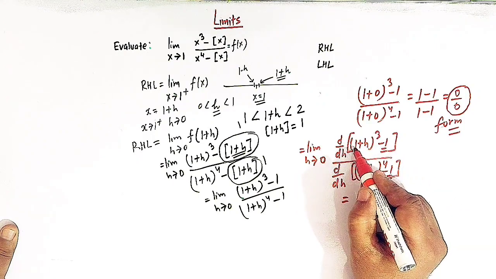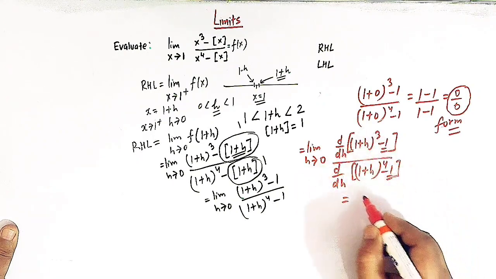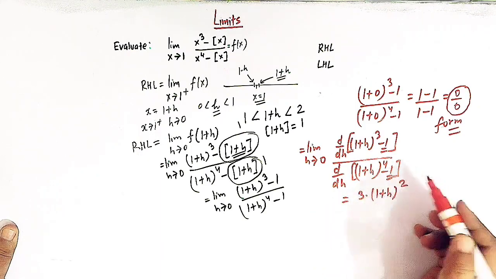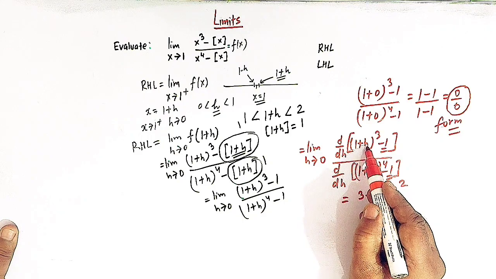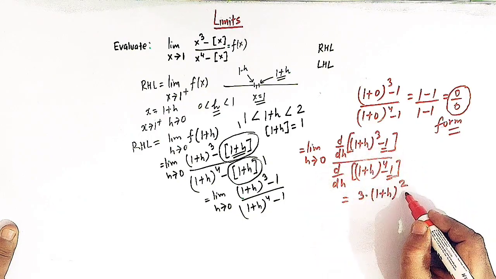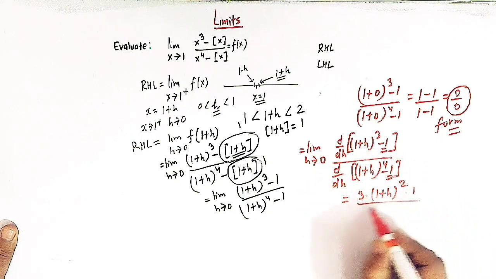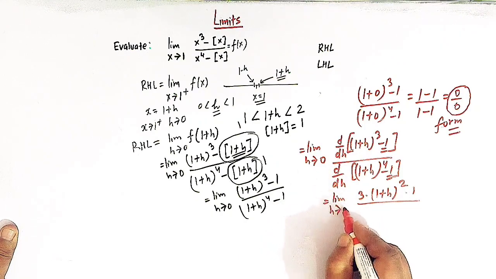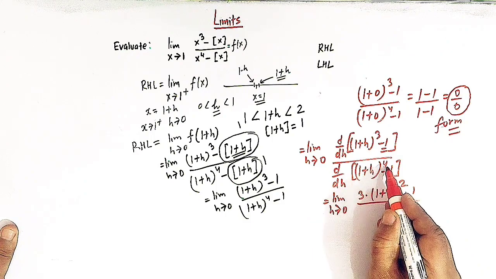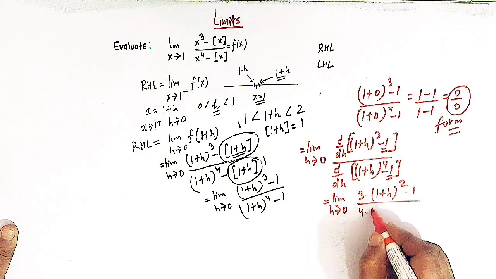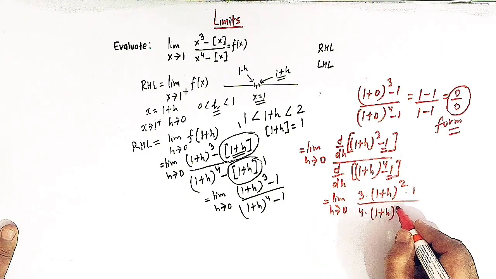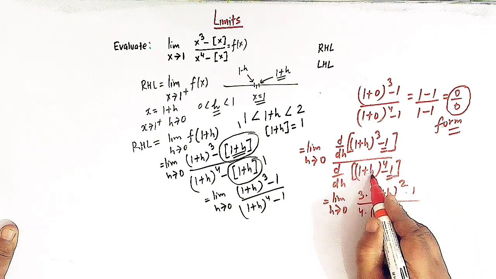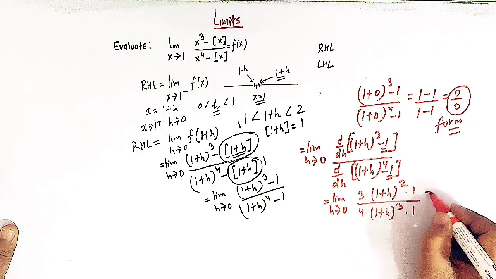So the derivative of (1 plus h) cube is 3 times (1 plus h) square, and by chain rule the derivative of 1 plus h is simply 1. And here we have the limit notation, and the derivative of (1 plus h) raised to 4 is 4 times (1 plus h) cube, and by chain rule the derivative of 1 plus h is 1, right?